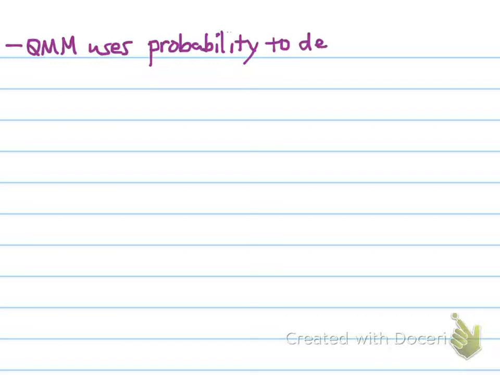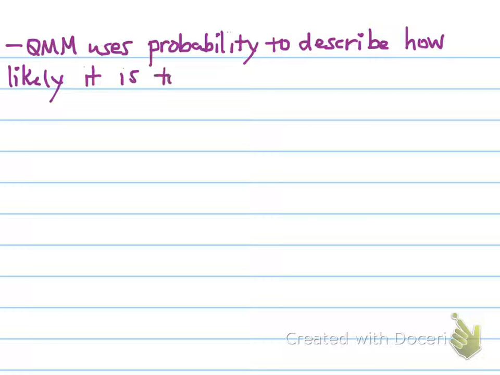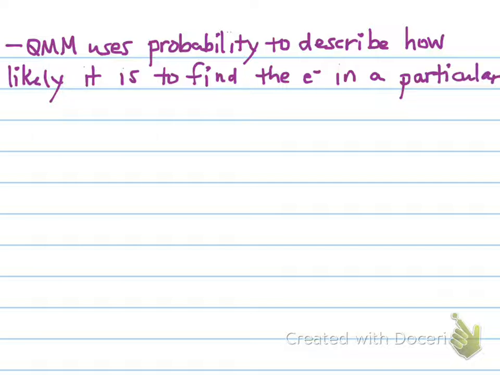So the quantum mechanical model uses probability to describe how likely it is to find an electron in a particular location around the nucleus of an atom.